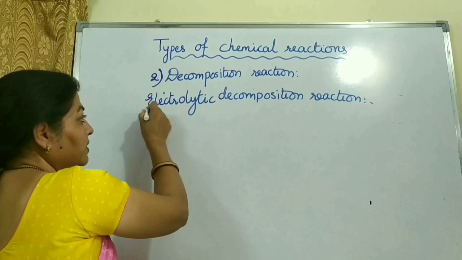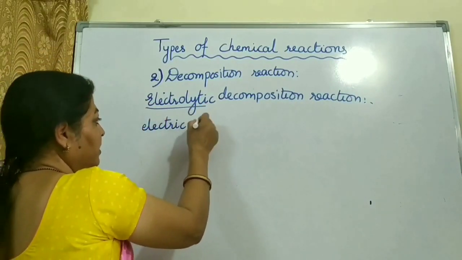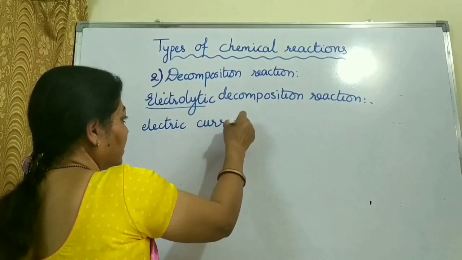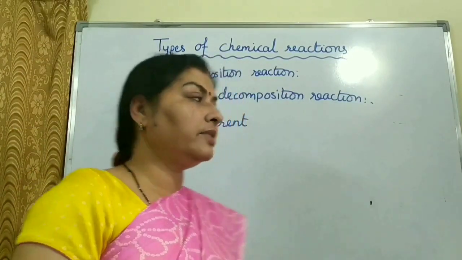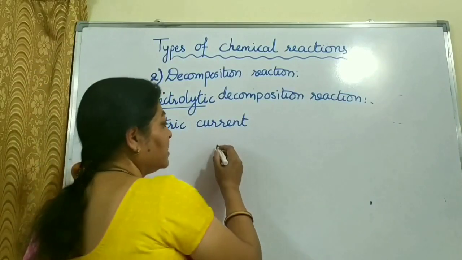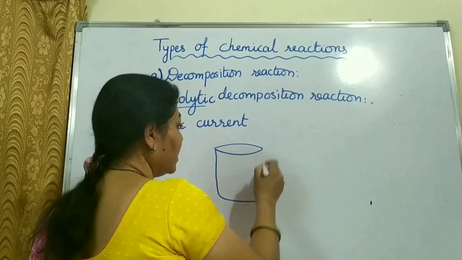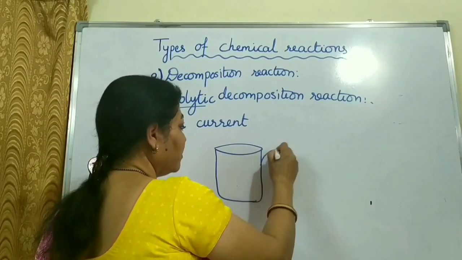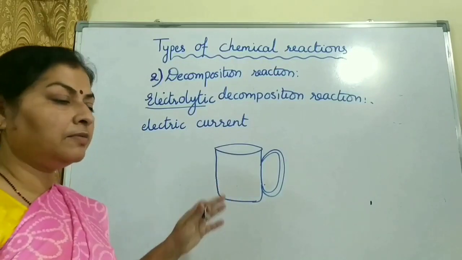Electrolytic means with the help of or by means of electric current. So we are using electric current to carry out the decomposition reaction. Here let us understand this with the help of electrolysis of acidulated water. So we have a plastic mug.